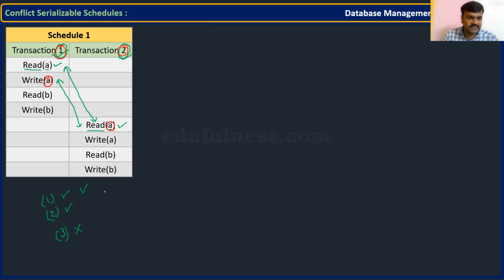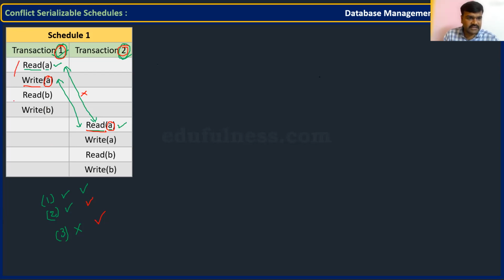The next: at least one of them is a write operation, and in T1 it is a write operation. So these two are conflicting operations, which means swapping these two is not possible. You cannot swap here also. Anyhow, if you observe, this is actually a serial schedule.